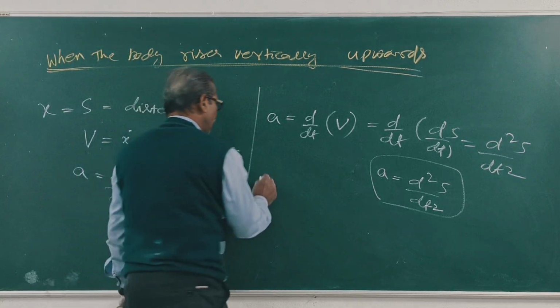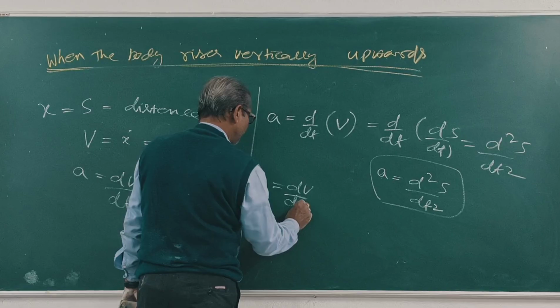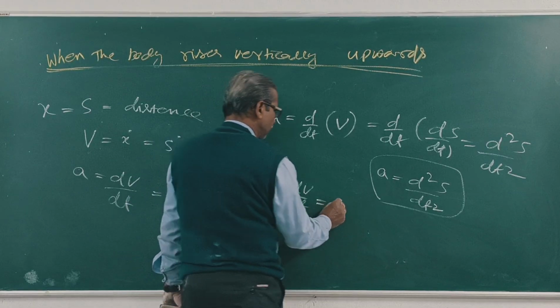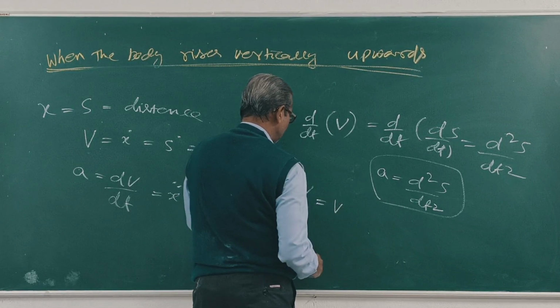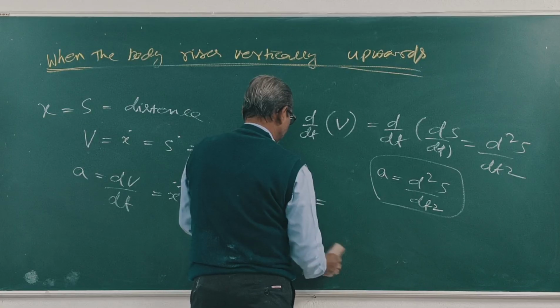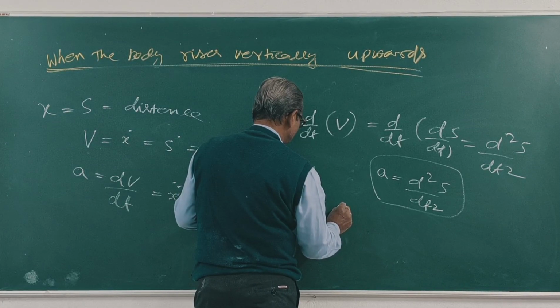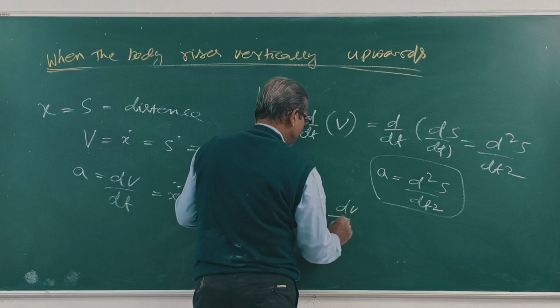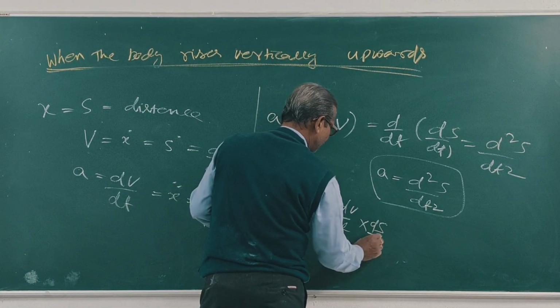Again, a is equal to d by dt, or v into, or d by dt into ds by ds.